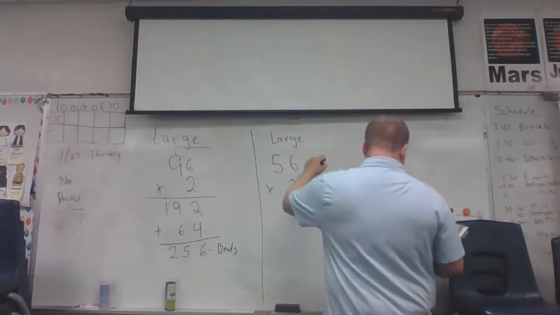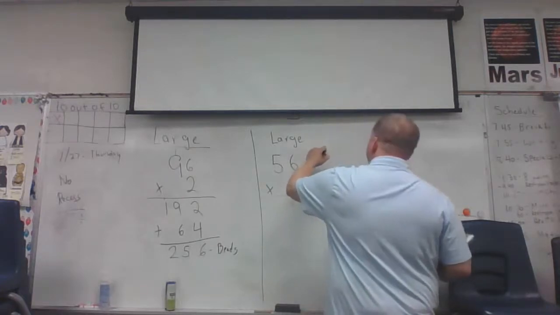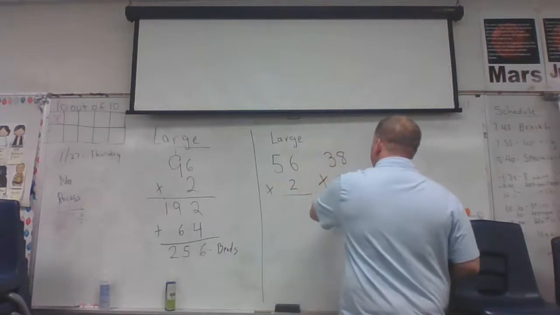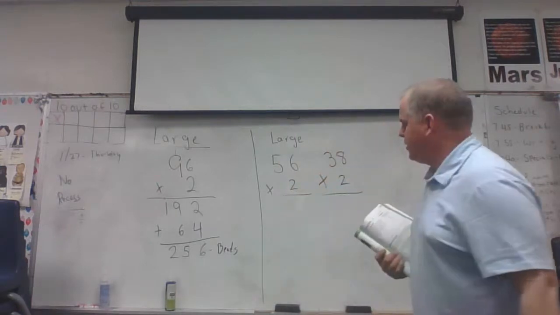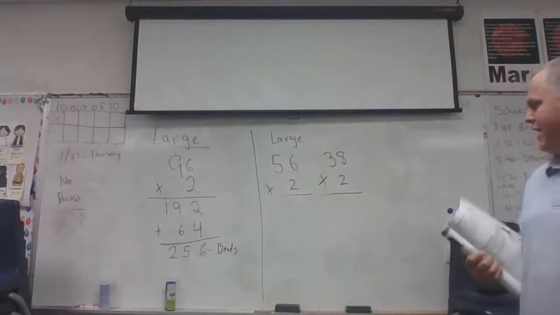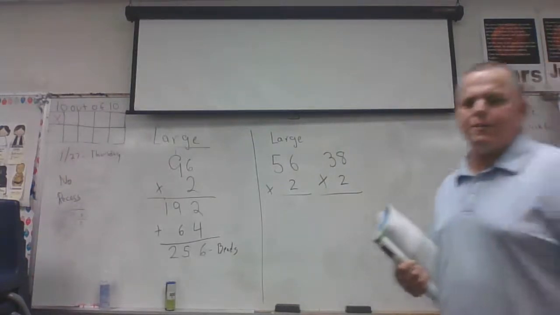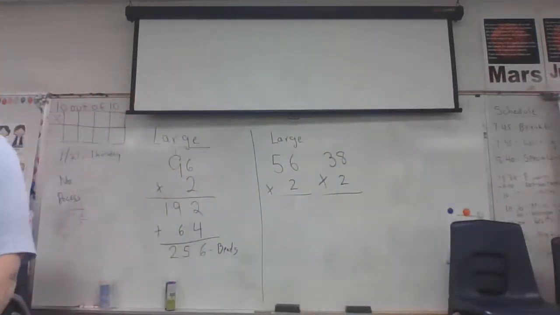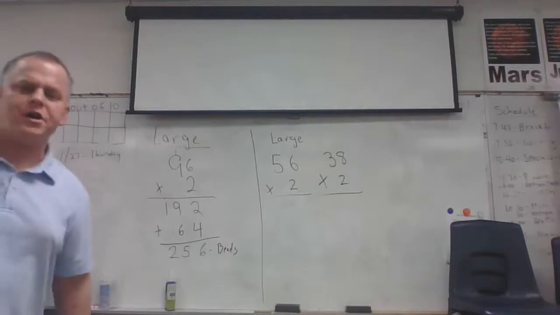Then you're going to take your medium buttons and also multiply those by 2. I want you to multiply those by 2 right now. And then we're going to add those 2 together to find our answer of buttons. Go ahead and try it on your own.